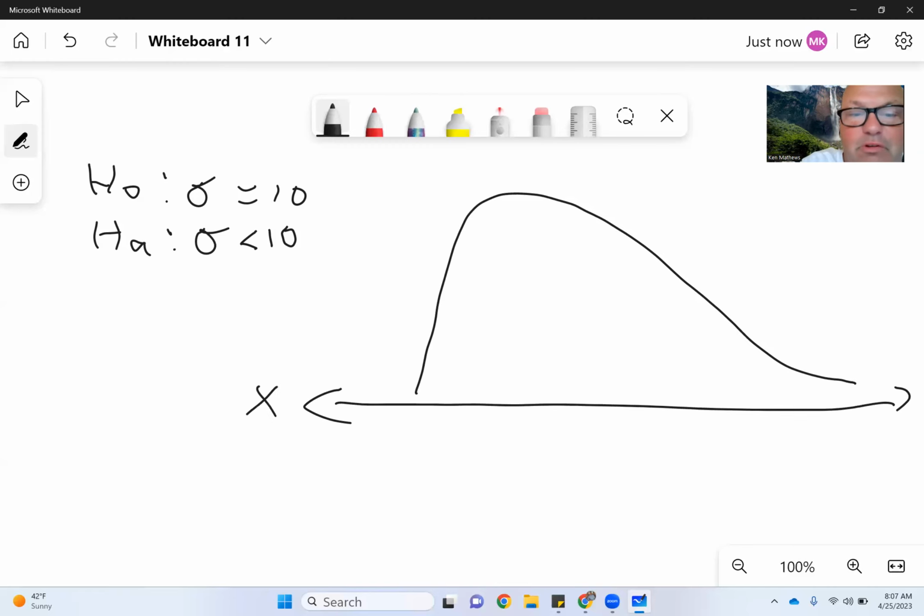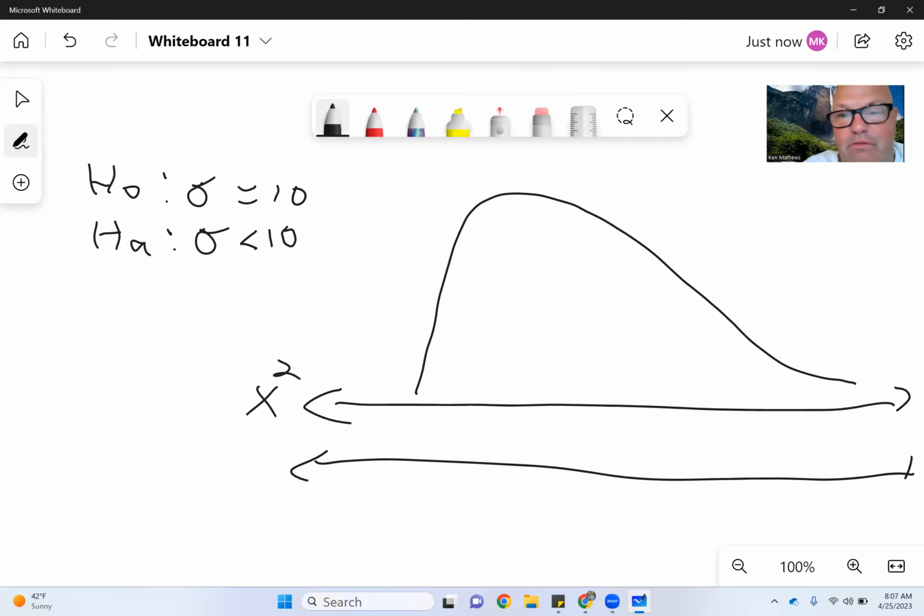So I'll put the chi-square over here. And the second axis that we're testing is the standard deviation of the sample, which we will call S. And we'll have a little S axis here.